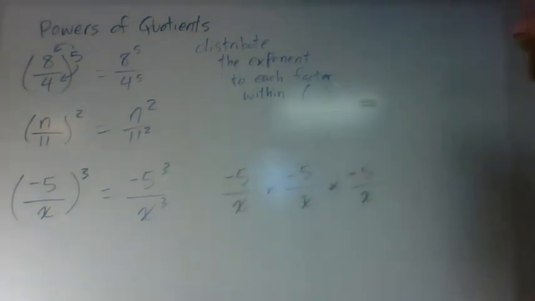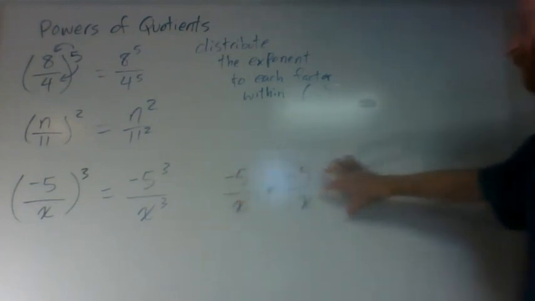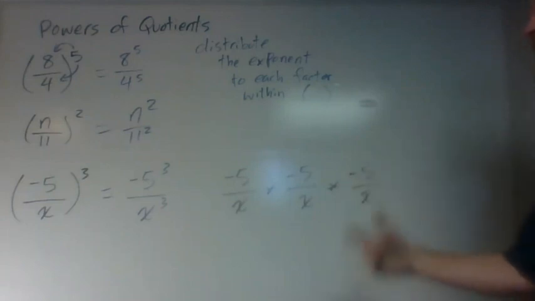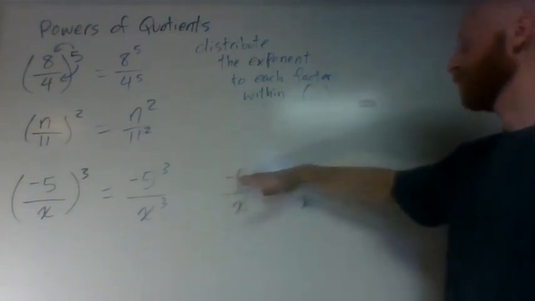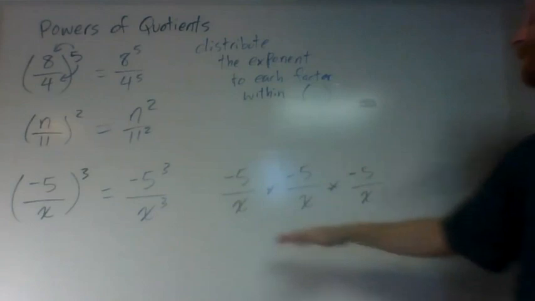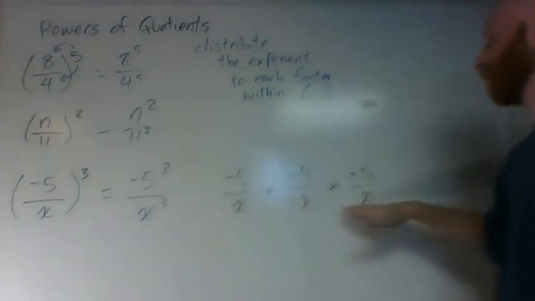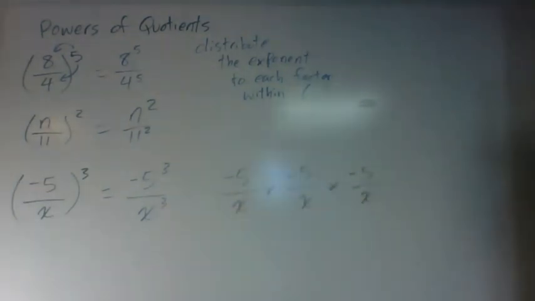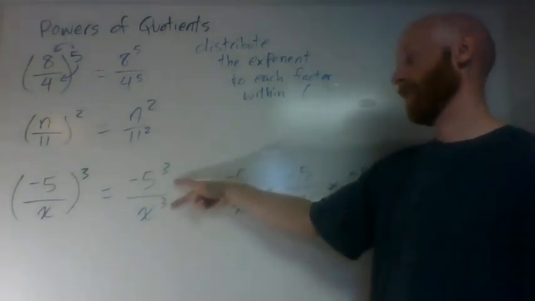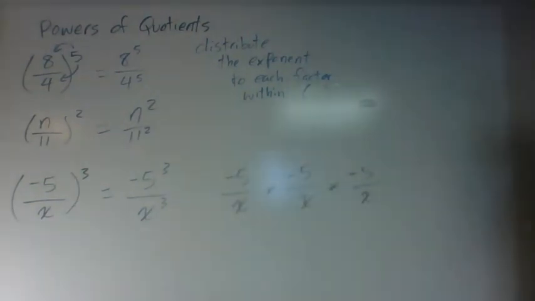Okay. And if you remember from your fraction rules, again, elementary school, if you're multiplying fractions, that's the easiest thing you can do with fractions, because you just multiply the numerators, keep them in the numerators, multiply the denominators, keep them in the denominator, and you would end up with this situation.